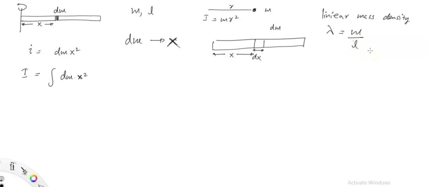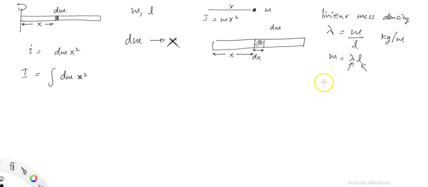In other words, this is like kilograms per meter, the mass per unit length. So if I know the length, and if I know what lambda is, then I can find the mass of that thing. This is mass per unit length, so mass becomes lambda L.